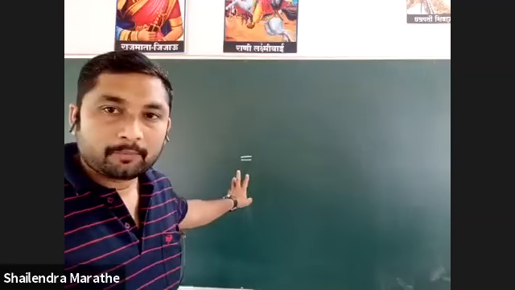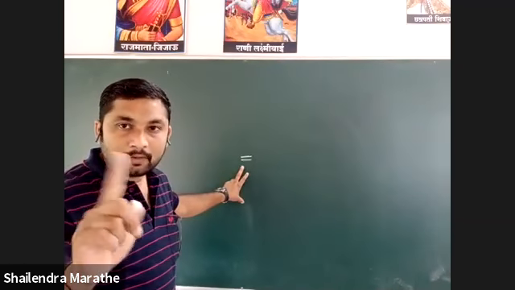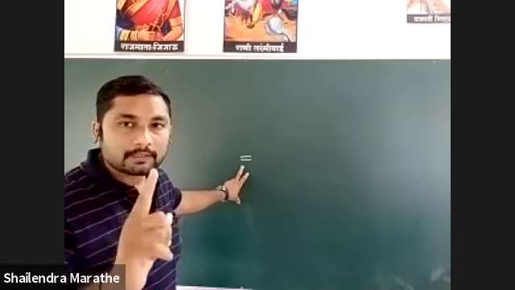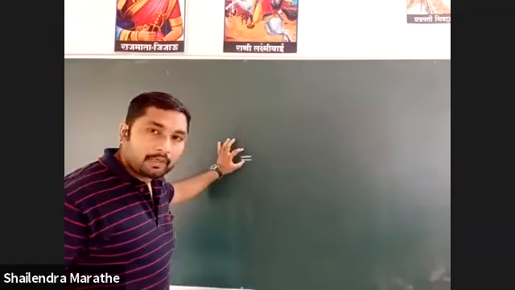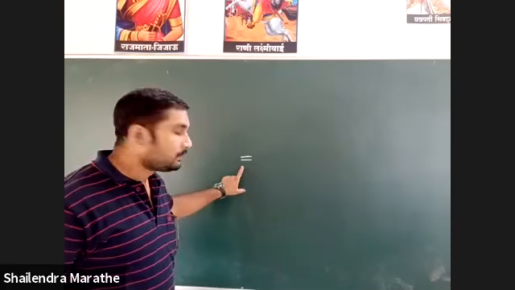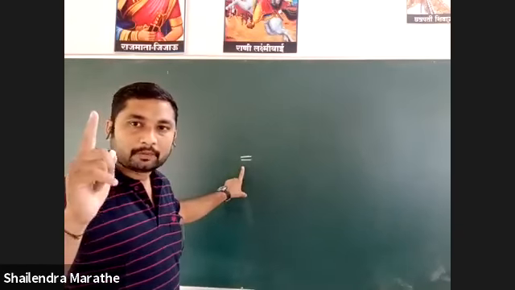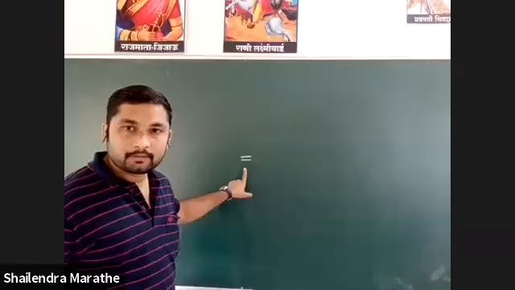If you do not start your formula with equal to, then it will not be considered a formula. It will be considered as text only. So whenever you type any formula, your formula should start with the equal to sign. Clear?